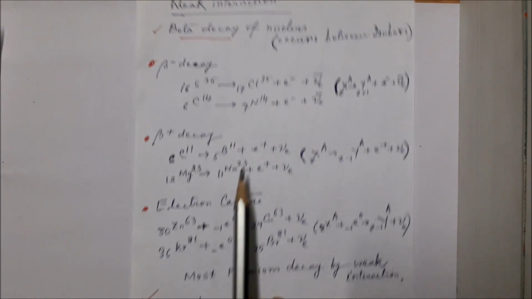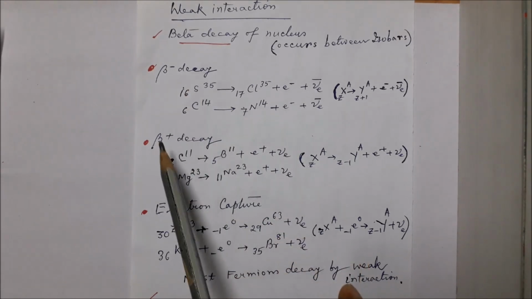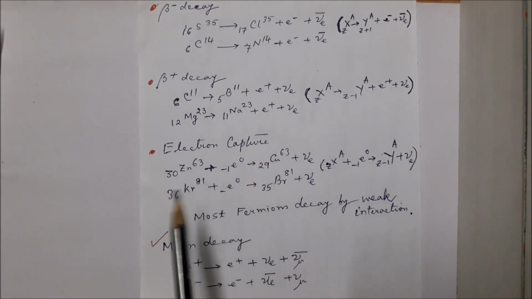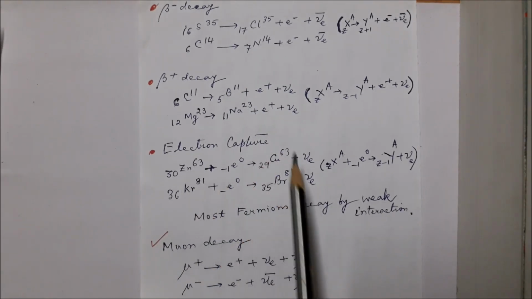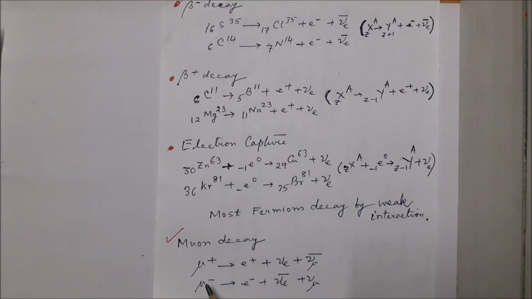Clearly, these decays like beta minus decay, beta plus decay, electron capture, as well as the muon decay, are examples of weak interactions. Here muon is another elementary particle.